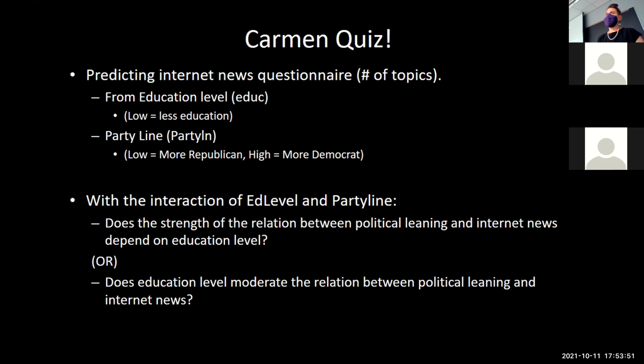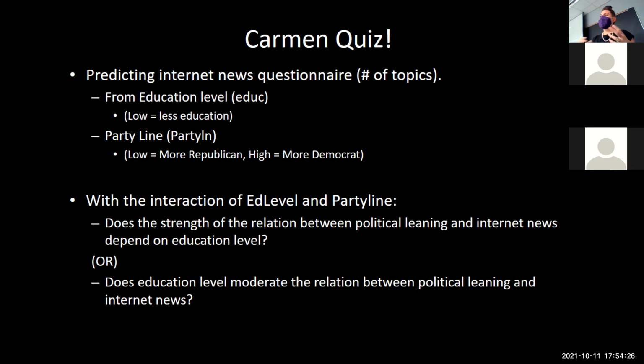We're going to predict it by how educated the responder is on a scale of 1 to 7, 1 being less educated and 7 being most educated. We're also going to predict it from party line, which is how much you are a Democrat or a Republican. If you're a Republican, that's a low score on party line, and if you're a Democrat, it's a high score on party line. I keep both of those for you when you get to the interpretation slide.